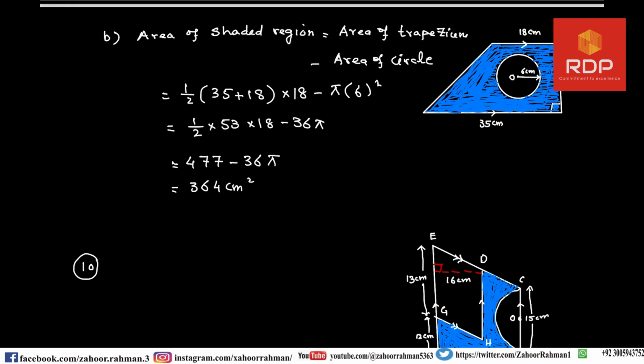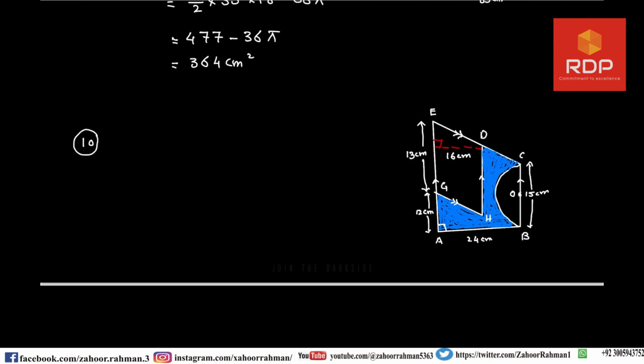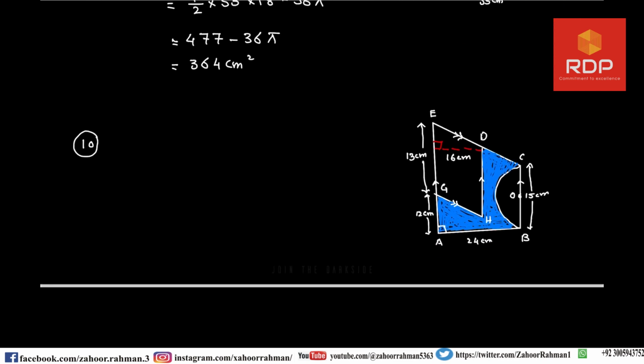Now the final intermediate question is question number 10, which is saying, in the figure a parallelogram GHDE and a semicircle are removed from a trapezium ABCE.